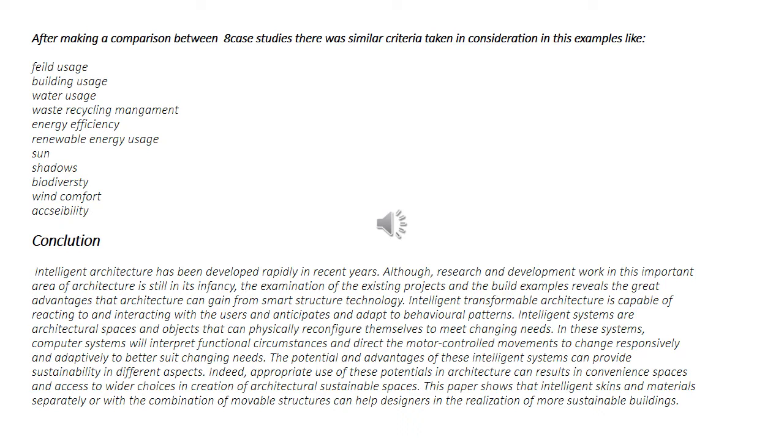Intelligent transformable architecture is capable of reacting to and interacting with the users and anticipating and adapting to behavioral patterns. This paper showed that intelligent skins and materials, separately or in combination with movable structure, can help designers in the realization of more sustainable buildings.